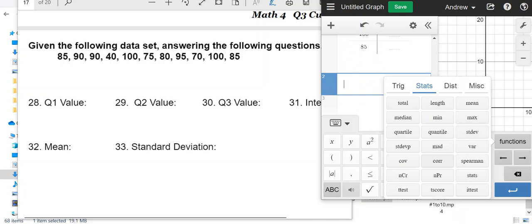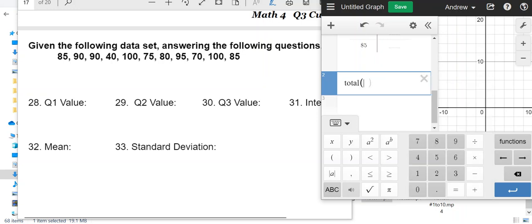So if we want to go into these guys, we can find, what was it I discovered? Oh, come on, brain. Total? Was it total? That gave us, no, that's not it. That just adds them up.